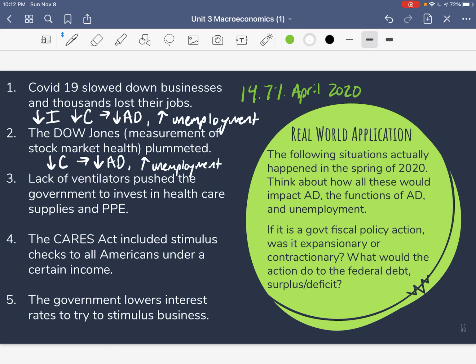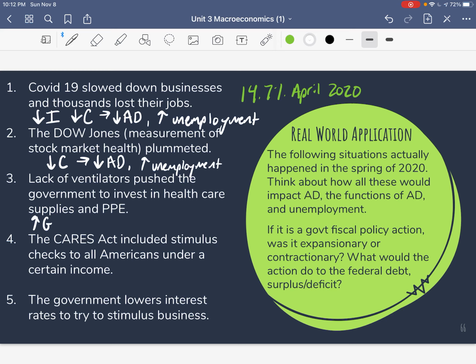So we need to invest government money in those healthcare supplies, in hospitals and doctors, and also in PPE, which is personal protective equipment, like N95 masks, face shields, and antibacterial scrubs that nurses wear, okay? So the government starts buying these things to try and stave off the hospital issues. And so this is an increase in government spending.